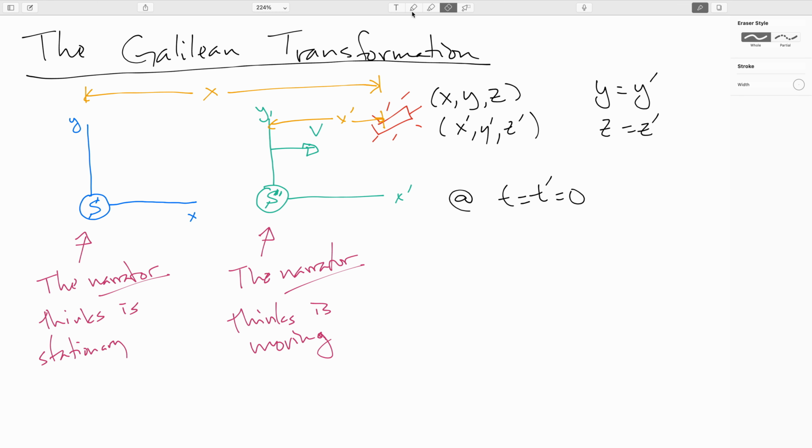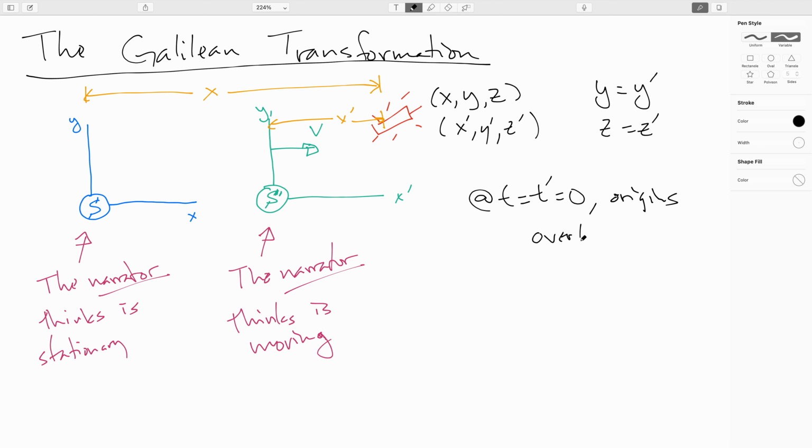So at t equals t prime equals 0, our origins overlapped. Now we can loosen all of these assumptions, but it doesn't change anything physically and just makes the math more tedious. So pretty much, unless you've got a really good reason to do otherwise, this is how everyone rolls with it.